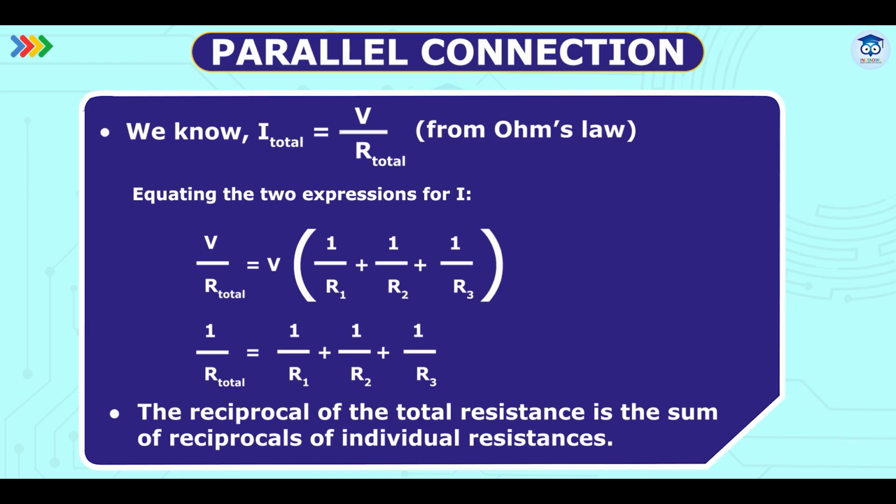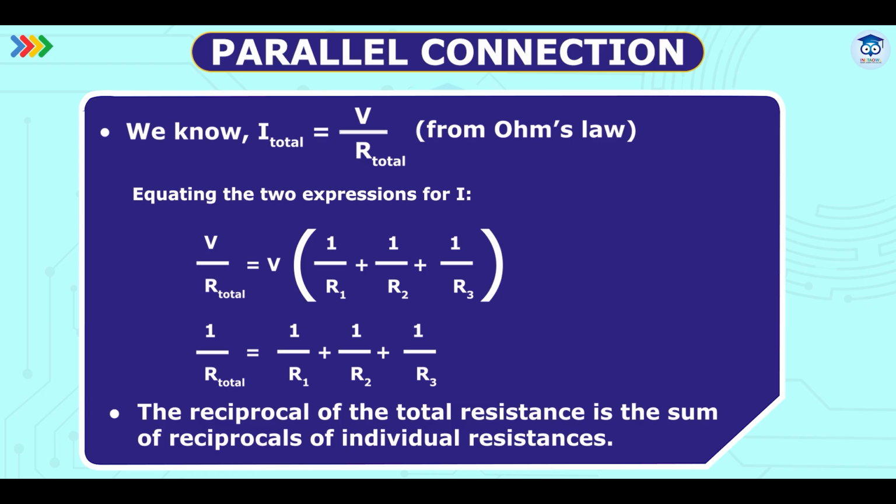From Ohm's law, we also know that the total current is related to the total resistance and voltage by the formula I is equal to V upon R total. Comparing this equation with the previous one, we can equate the expressions for I total, giving us V upon R total, which is equal to V into 1 upon R1 plus 1 upon R2 plus 1 upon R3.